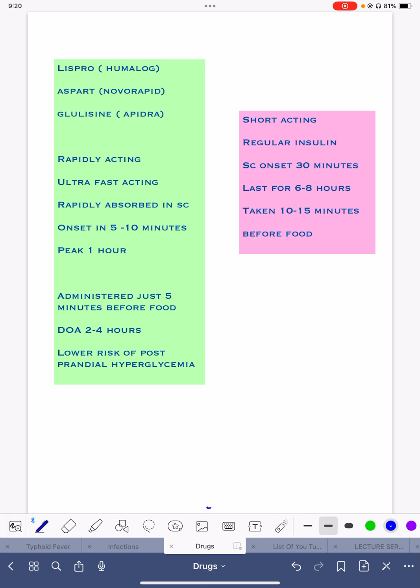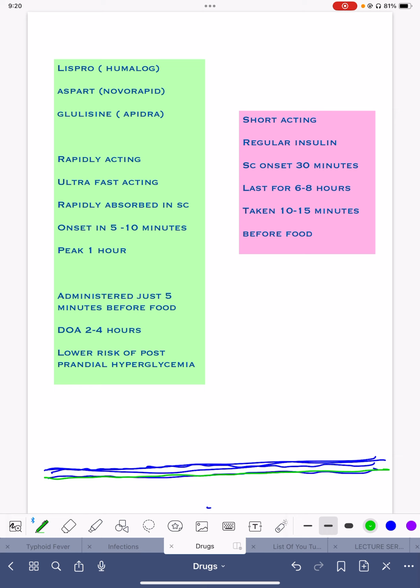Now, what is the main difference? We know that when we eat, we always have this blood sugar level, which is like this. This is the basal, our blood sugar levels, and this is the insulin levels that our body secretes. But in diabetic patients, the problem is these insulin levels are either low or they are resistant.